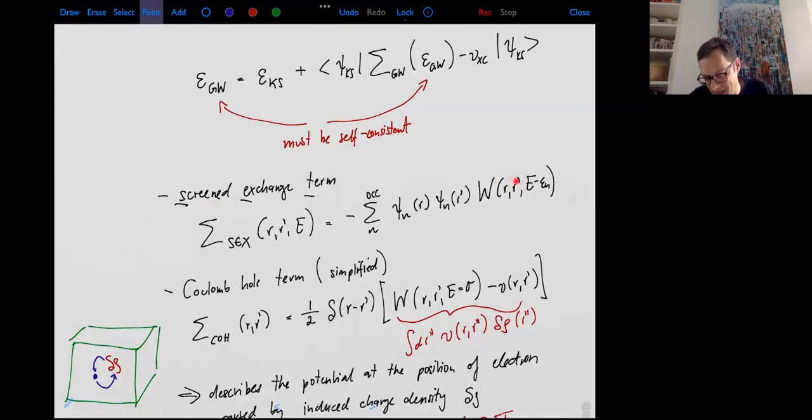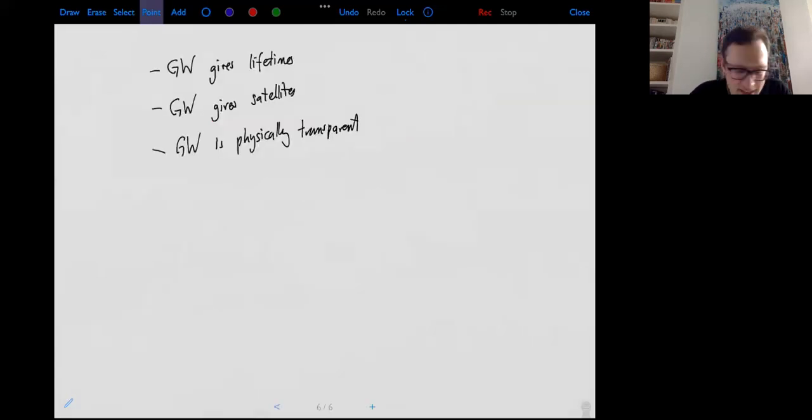I can tell you what the physics behind these two terms is, but I probably couldn't really tell you what the physics behind the various terms in the exchange correlation potential of the local density approximation is, right? It's much more of a black box, the construction of exchange correlation potentials in DFT. So I think that is also something that's quite nice and useful.